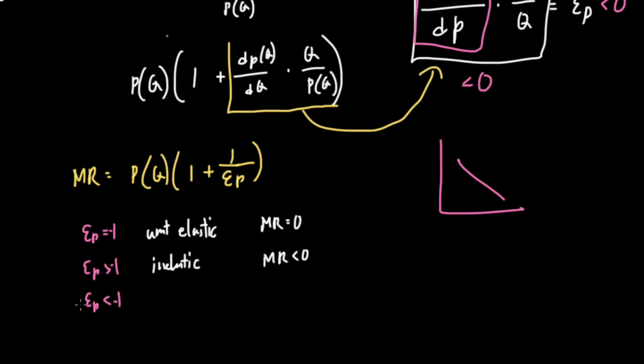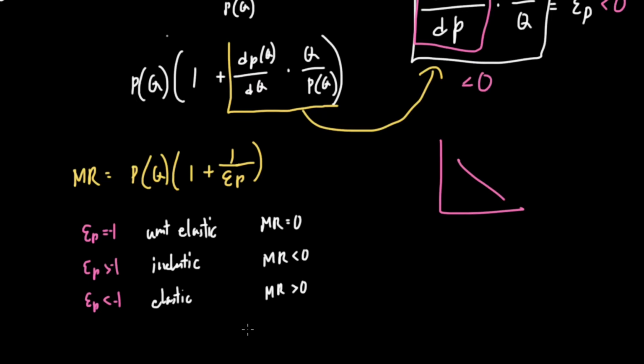So when EP is less than -1, then this is what we call elastic. So demand is elastic when epsilon P is less than -1, and at this point, marginal revenue is greater than 0.